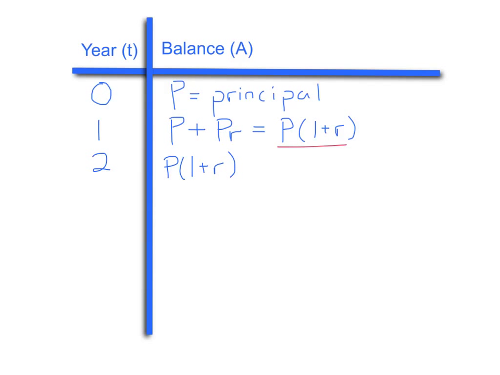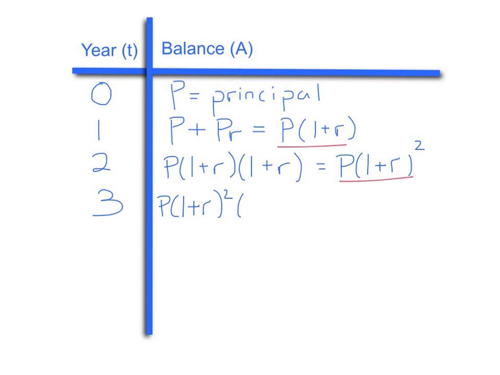So we would have 100 and R% of the amount after year 1. And we can simplify this expression just like that. Now after 3 years, we would have this amount, P times 1 plus R, times 100 and R%, and we can simplify that.